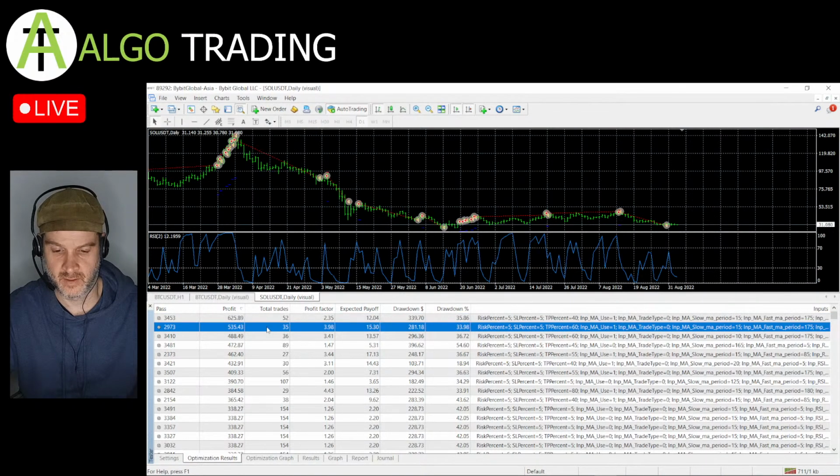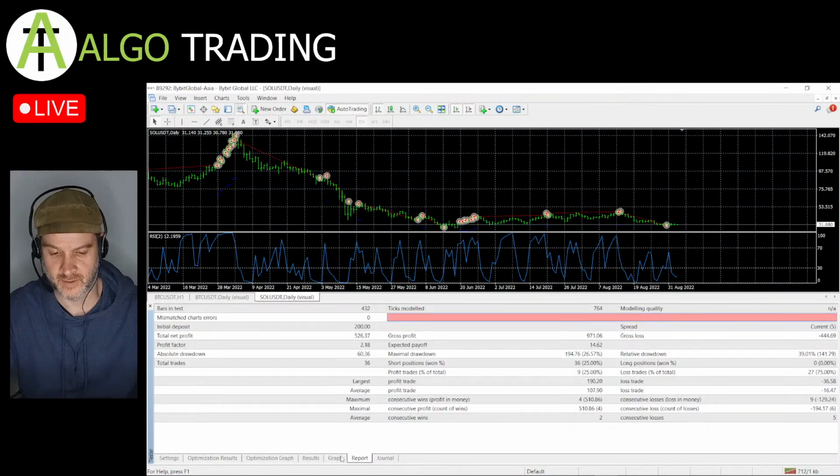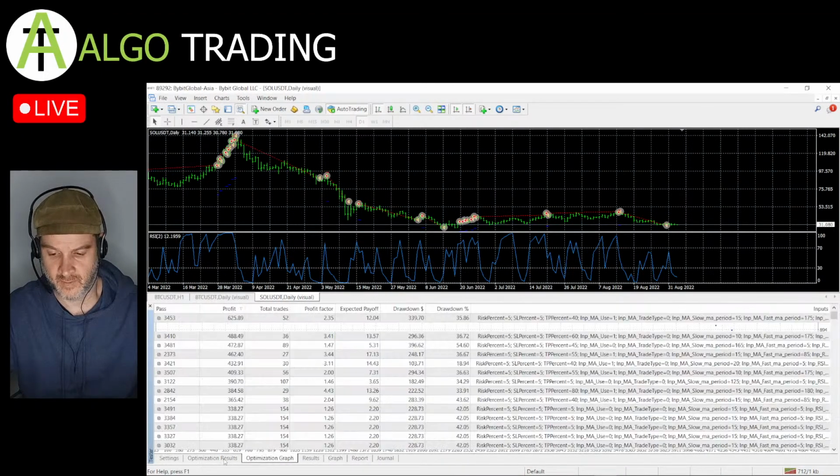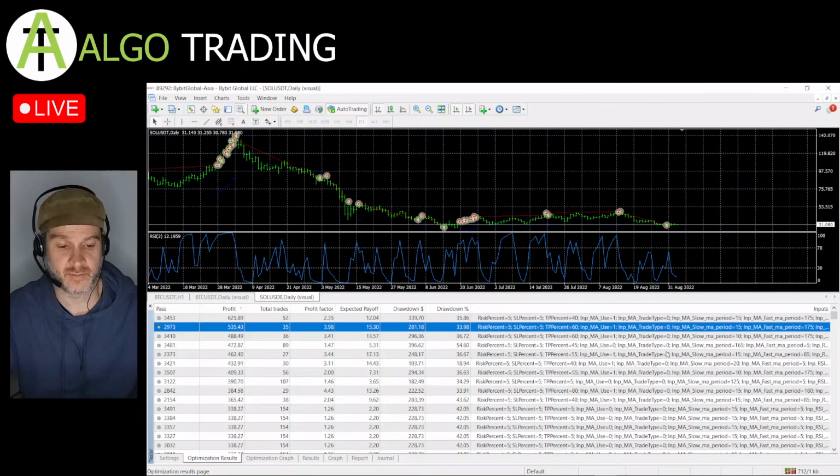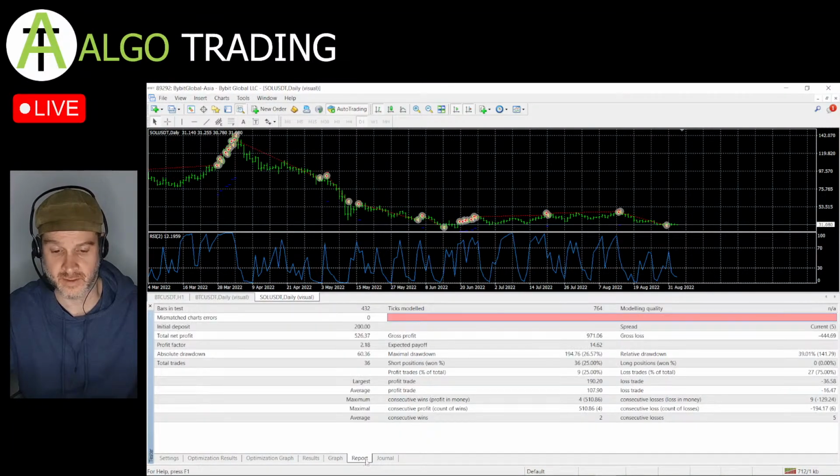Here's making $500. It looks like the MA cross seems to be the best strategy for cryptos. I mean, most of the results we're getting show MA cross seems to be the strategy that works the best.